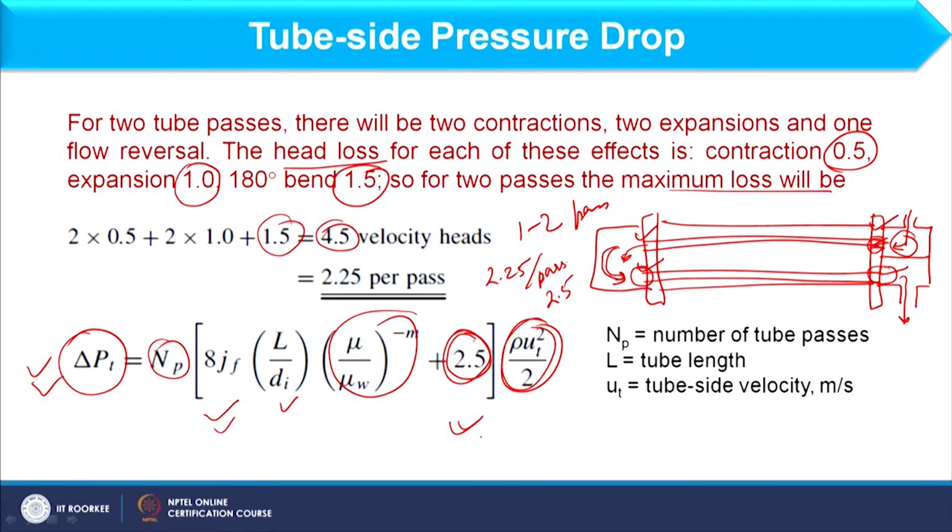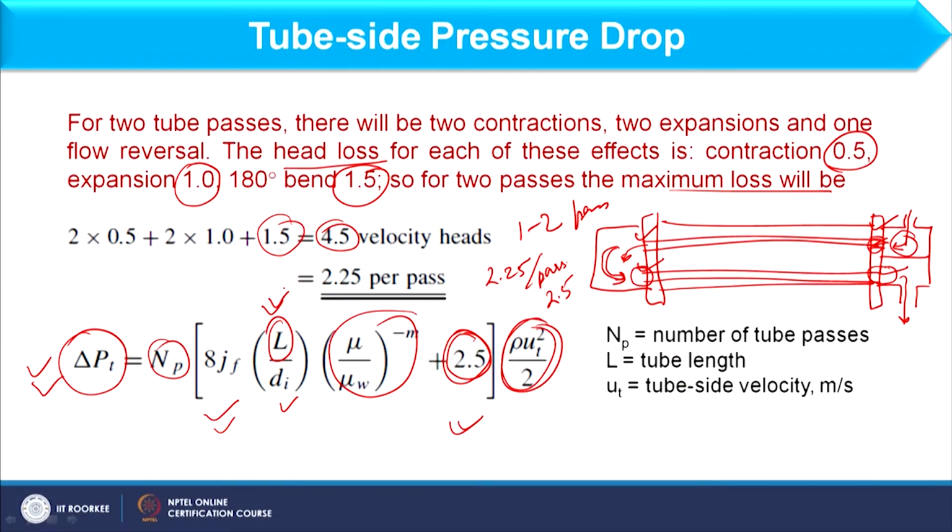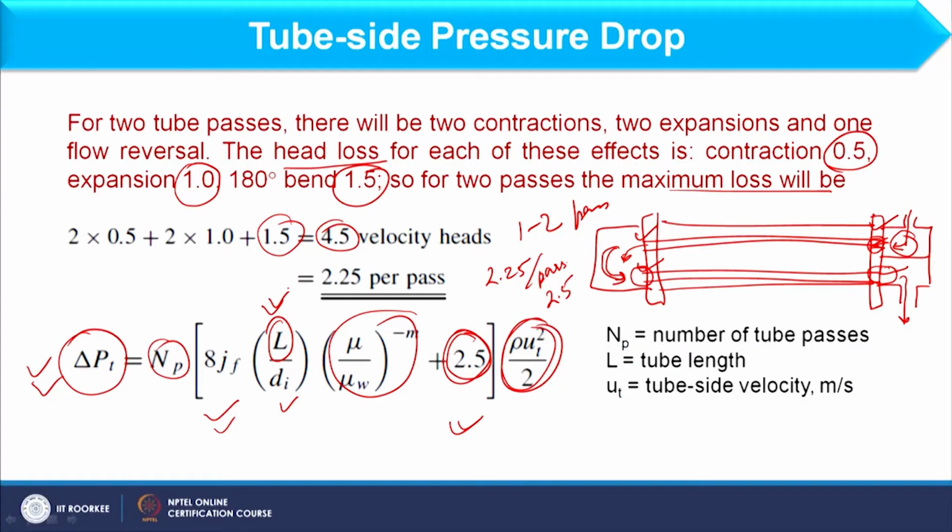Now, in this expression what you have to keep in mind is that you have to consider the total length of the tube. If you see here, I have capital L. So, capital L is the total length of the tube. If you remember the calculation of number of tubes, there we considered effective length, and here I am considering total length, and the reason is very simple: though tubes are inserted in the tube sheet, flow will occur from that section also.